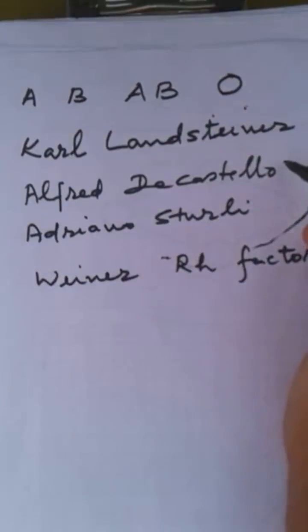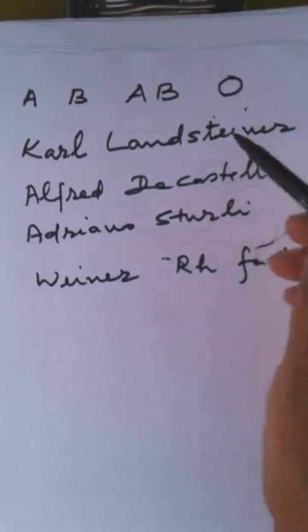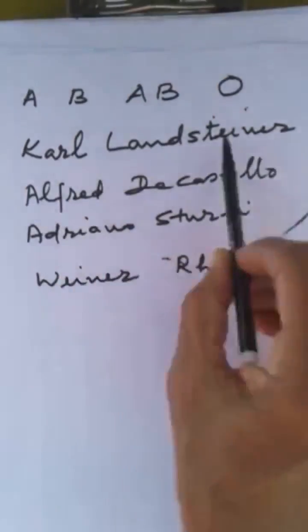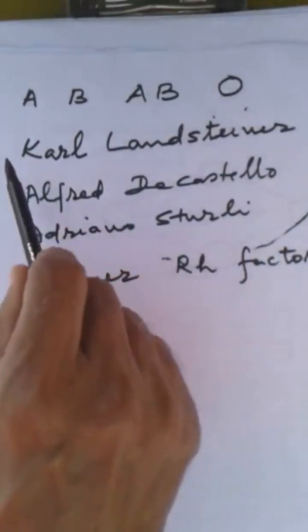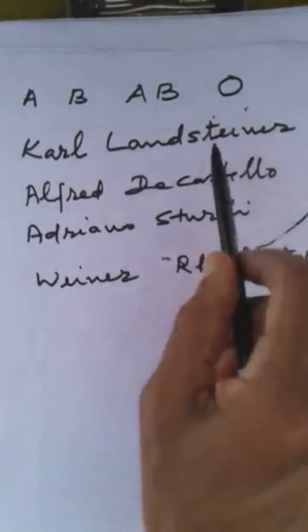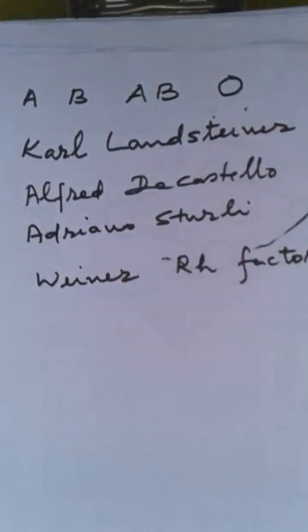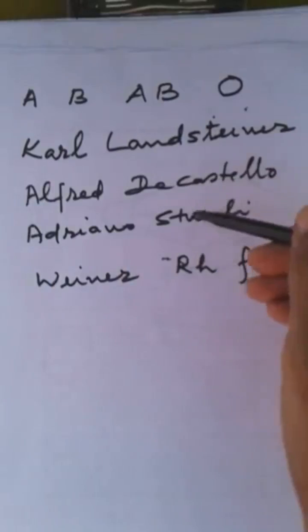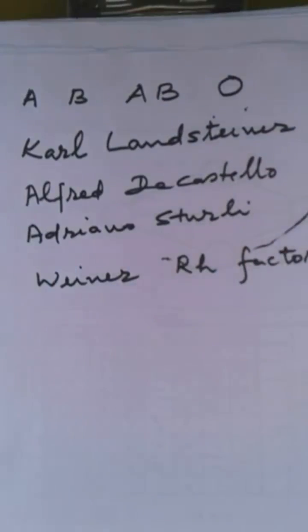These two were students of Karl Landsteiner, who was a professor at Vienna University in Austria, and these two students studied this subject and developed this ABO system.